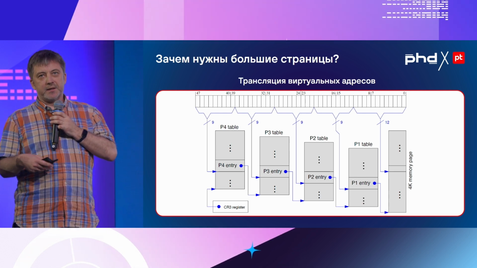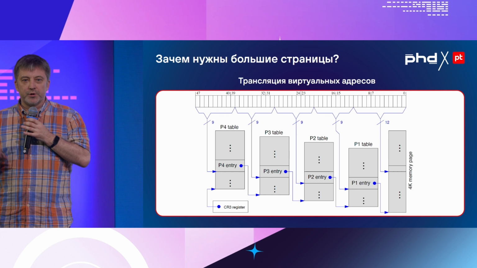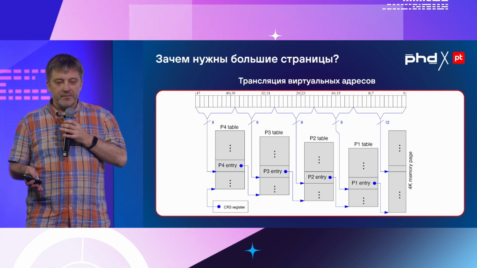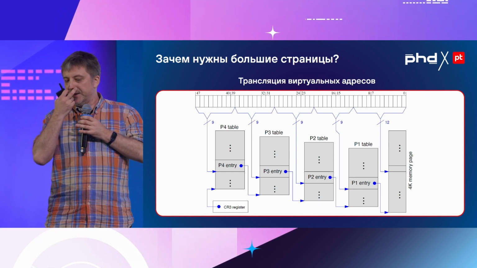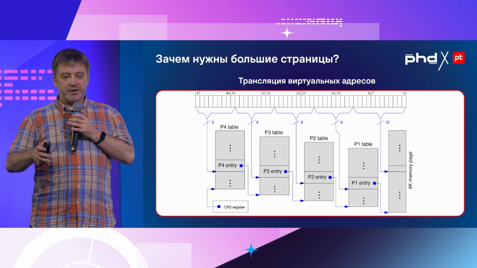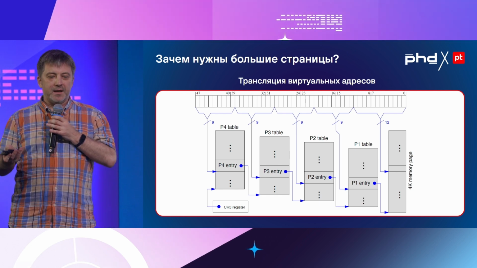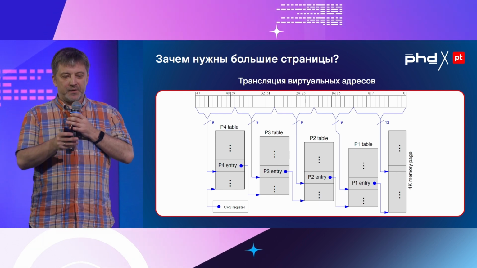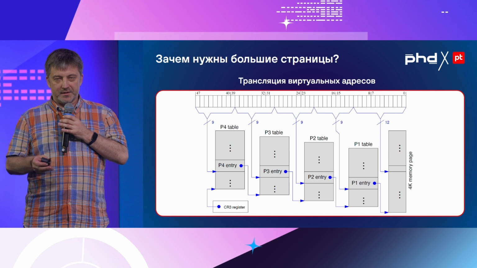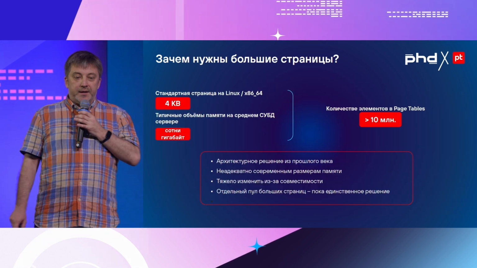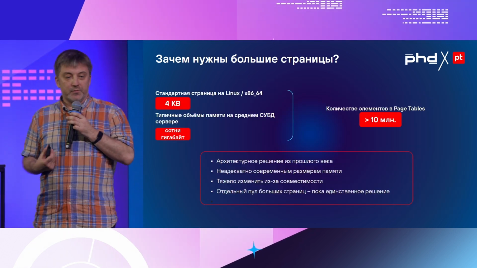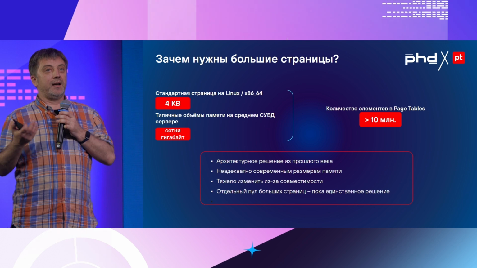And this is done via some tables, through the joint work of the CPU and the kernel of the operating system. They form a hierarchical structure, which is not important here. What's important is that each access actually entails lookups in all these tables.